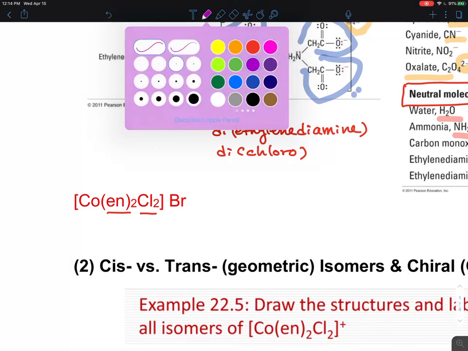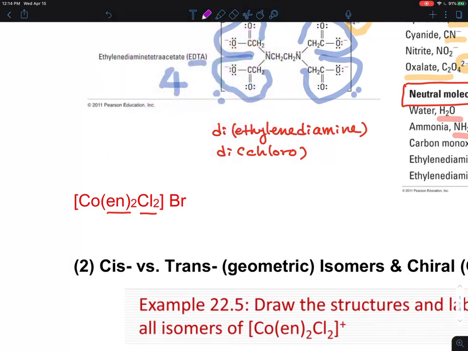And then let's look at the other components here. The other component is what is called a bromide, and this one has a negative charge. So therefore, the whole thing must have a +1 charge, right? And the chlorine itself gives you a minus charge, so the total charge is -2 here. And this is neutral.